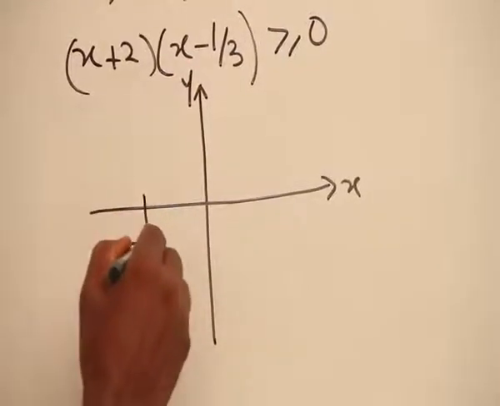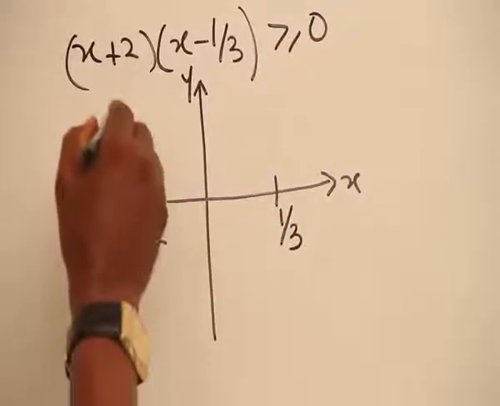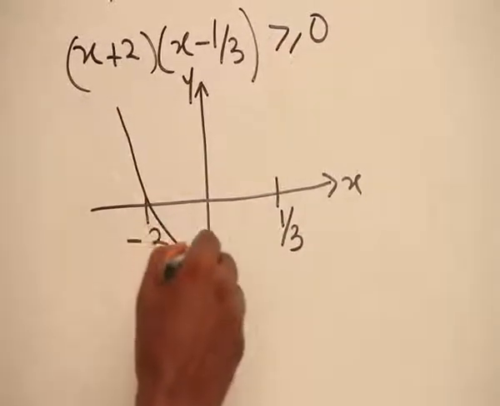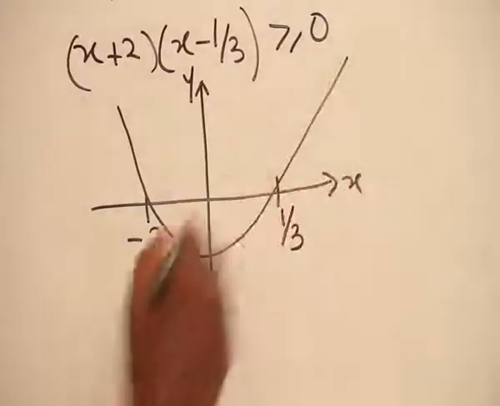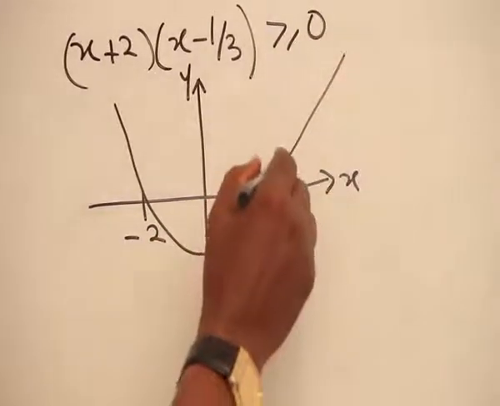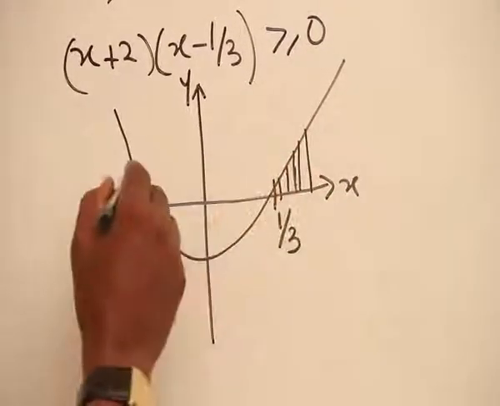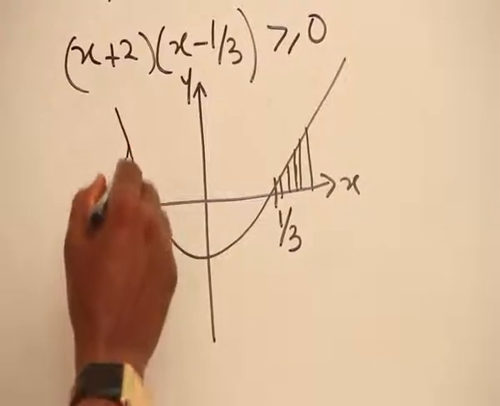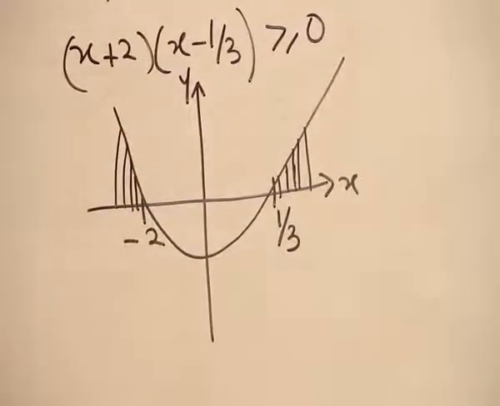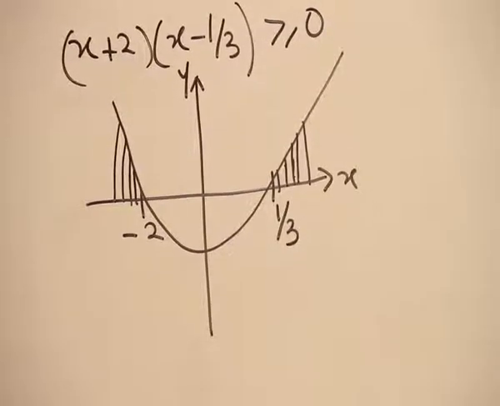Here is your minus 2, here is your 1 all over 3, and we sketch. Having said that, this region here above and this region here below is where the graph is above the s-axis.